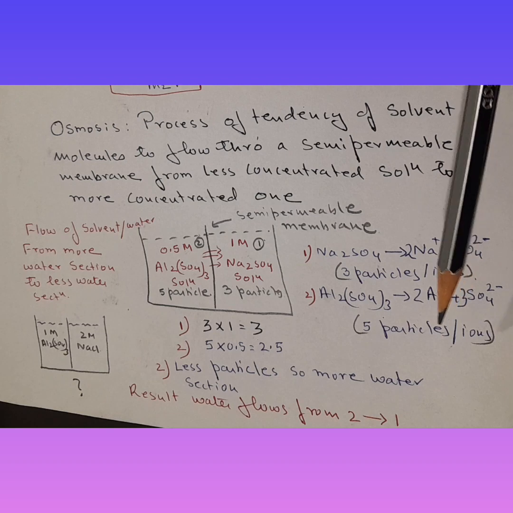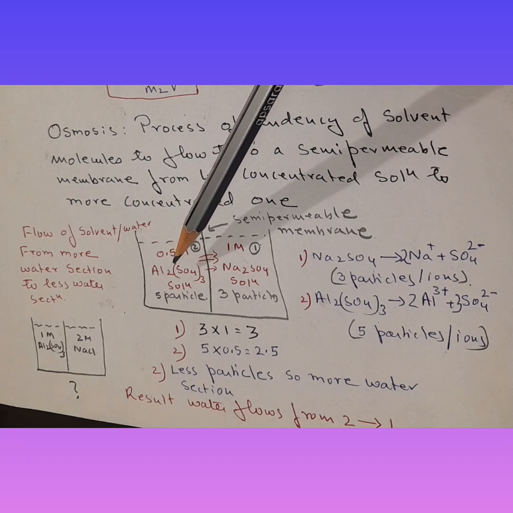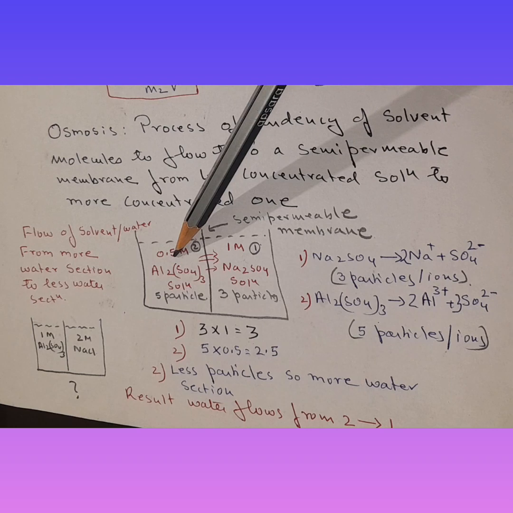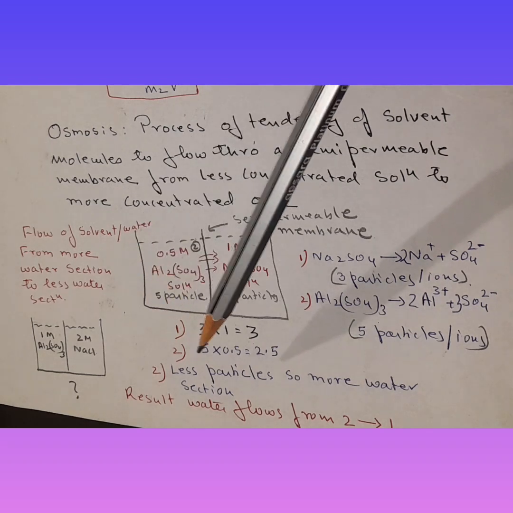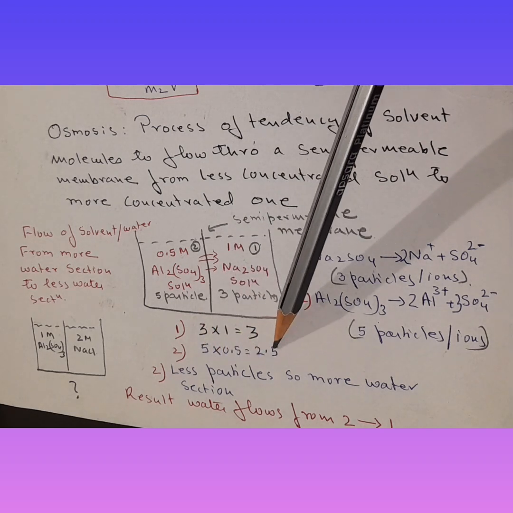Now what we do is, this is a 1 molar solution, whereas this is a 0.5 molar solution. Here you have 5 particles and 0.5 molar, so 5 into 0.5 gives you 2.5.